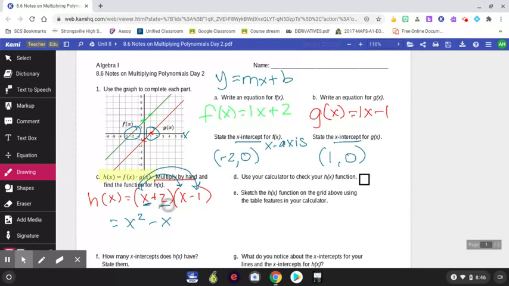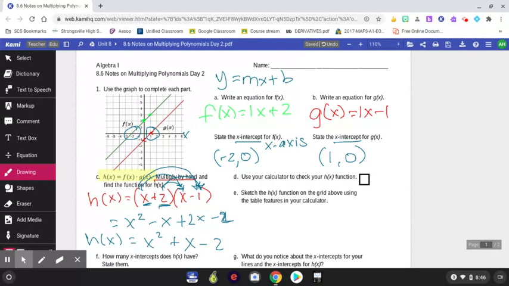Then I go back and distribute the 2 in that first group to each term in the second group. So 2 times x is 2x, and 2 times -1 is minus 2. And then I can combine like terms. I like to remind myself this is the h of x function. So I have x squared, -x plus 2x is a positive 1x, and then minus 2.